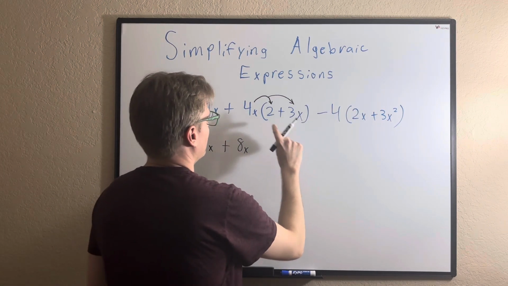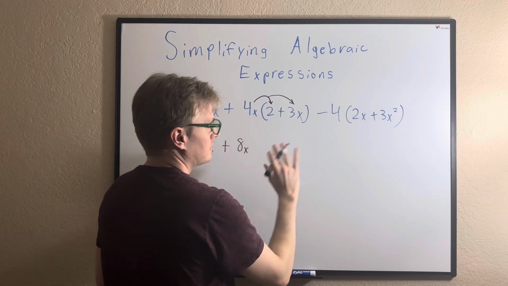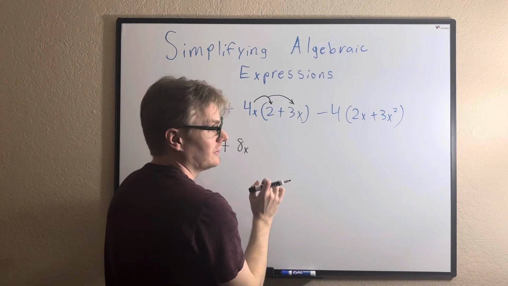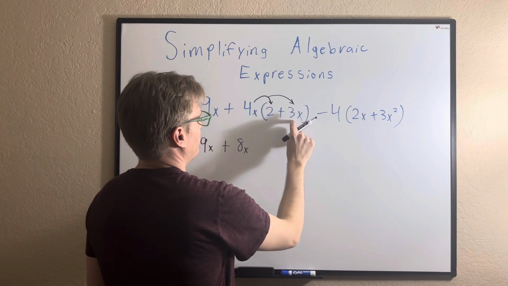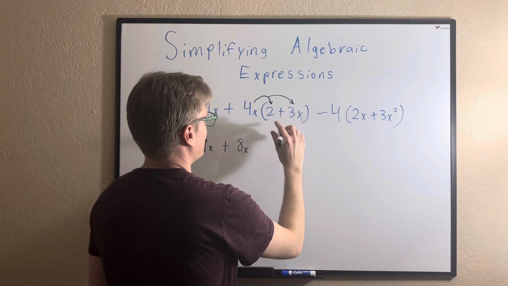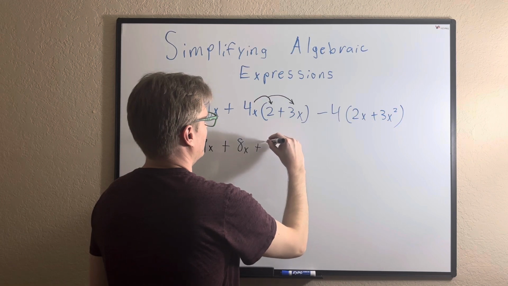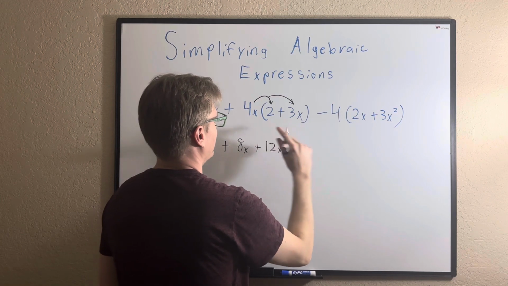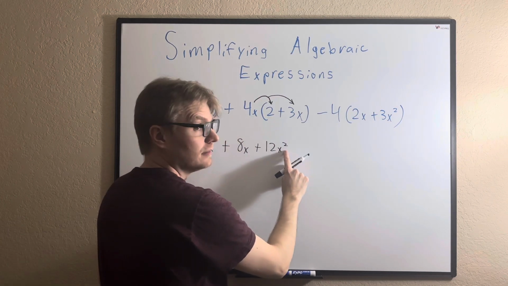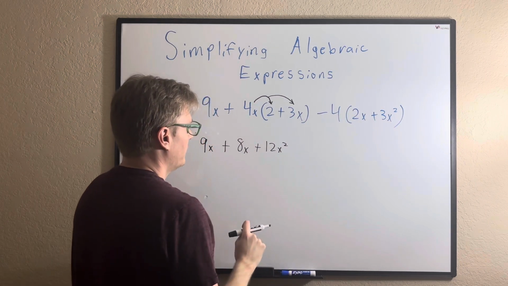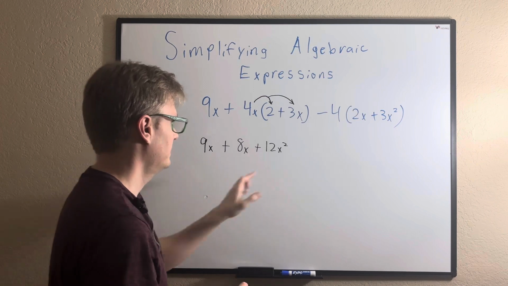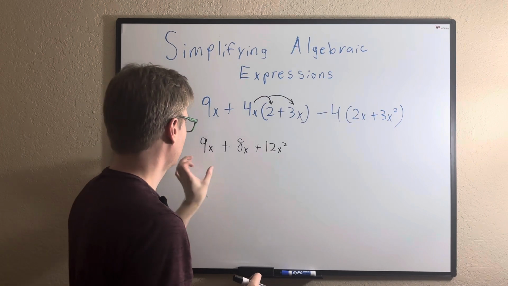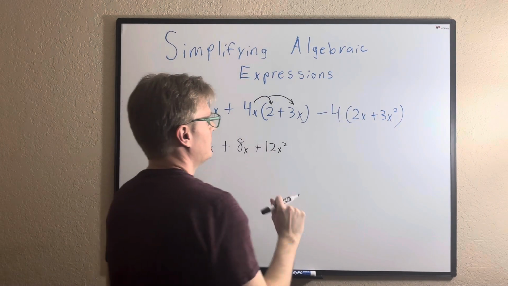But we can't just add 8x plus 3 because we got to do the distributive property first. So 4x times 3x would be 12x squared because that's x times x, right? That's x squared. Still can't combine those two, but look, we can combine that later.